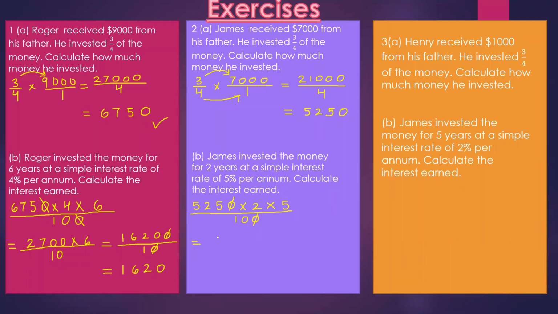Say it again. 2,625. Not 2,600, not 26,250, not that. Mr. Petit, what you are talking about is 2,625 times 2. Okay.